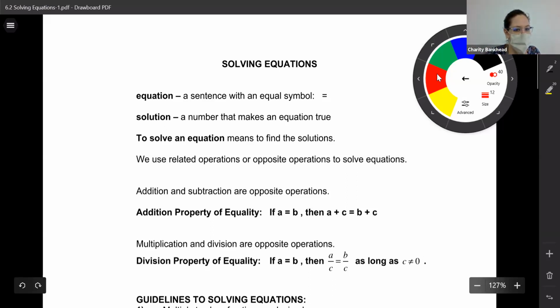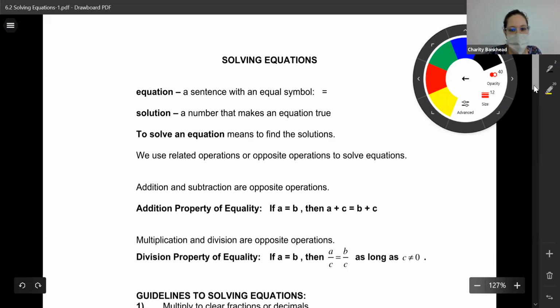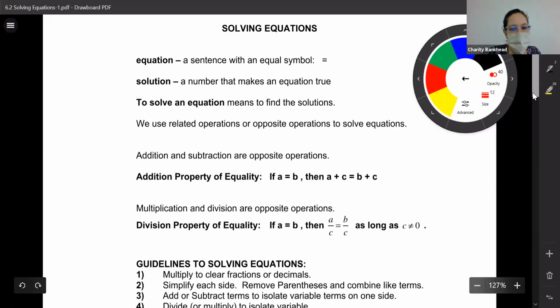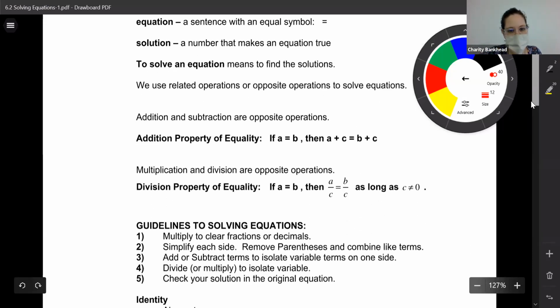A solution to the equation is a number that makes that equation true. When you solve an equation, it means you find all the solutions. We use related operations, or opposite operations, to solve equations. Addition and subtraction are opposite operations, or we could say inverse operations.